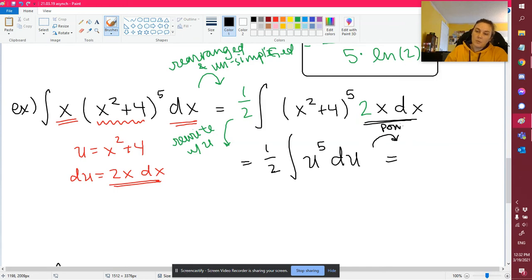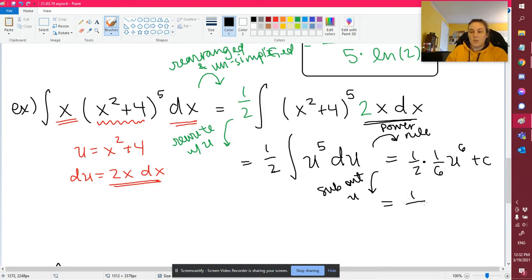I'm going to use the power rule for integrals to actually do this integral. That becomes 1/2, because there's a 1/2 out front, 1/6 u to the 6th plus c. We moved this one up by 1 and divided by the new exponent. And now I'm going to sub u back in. So 1/2 times 1/6 is 1/12.